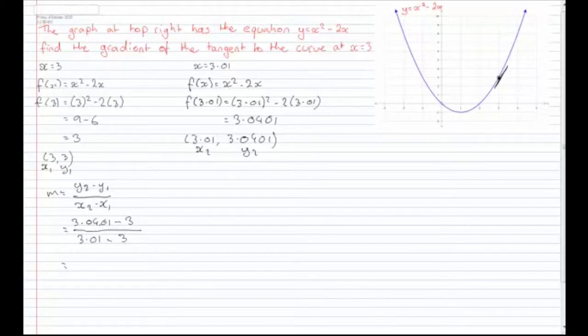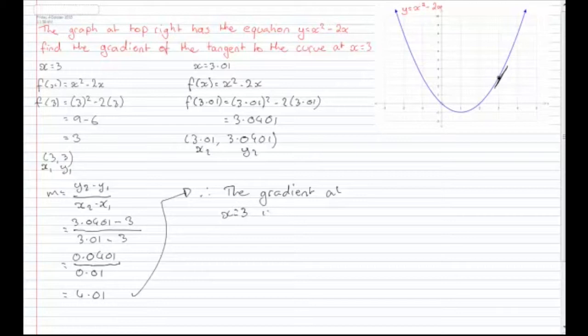That gets you 3.0401 minus 3 is 0.0401 over 3.01 minus 3 is 0.01. That ends up getting us an answer of 4.01. Therefore, the gradient at x equals 3 is 4.01.